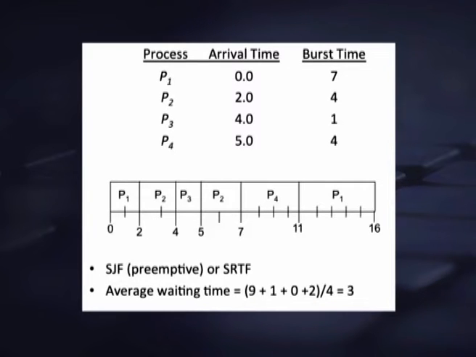In this next figure, the preemptive version of the shortest job first algorithm has been shown using the same set of processes. Here, if the CPU burst time of some incoming process is less than the remaining CPU burst of the currently executing process, then the currently executing process is preempted and the incoming process is executed, as P1 has been preempted after 2 milliseconds.